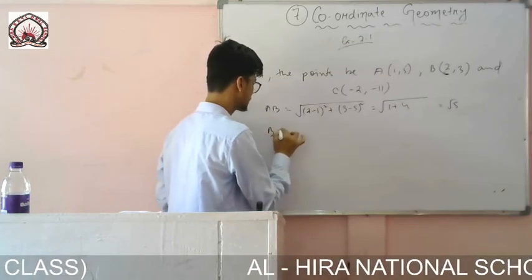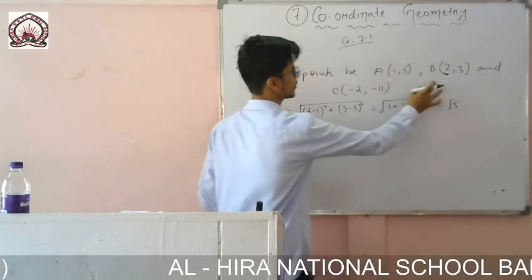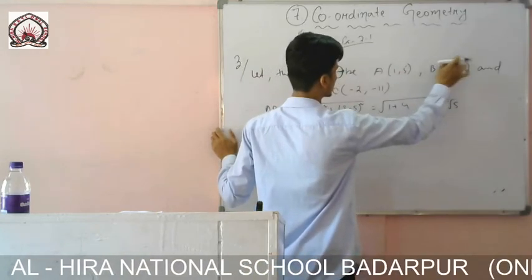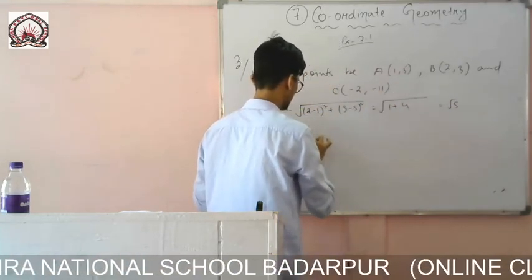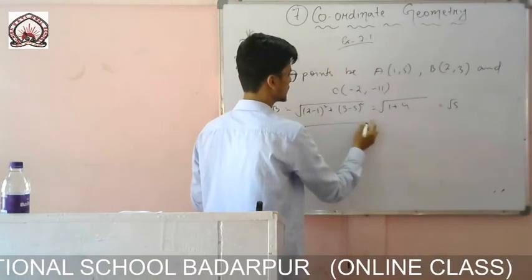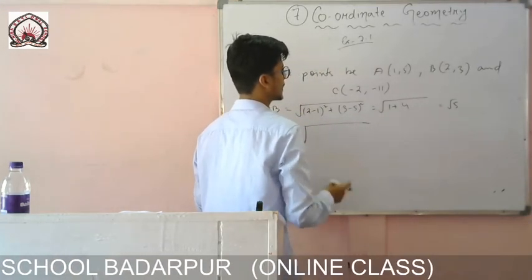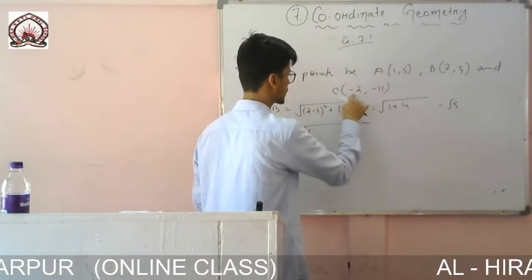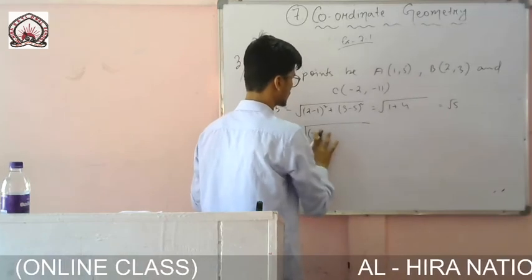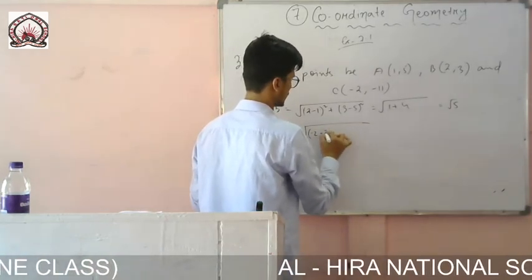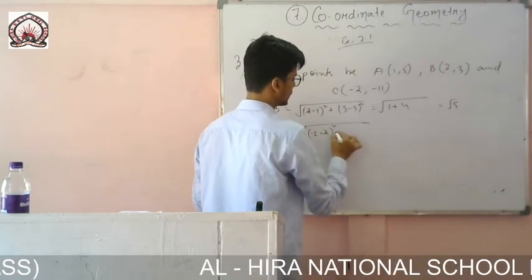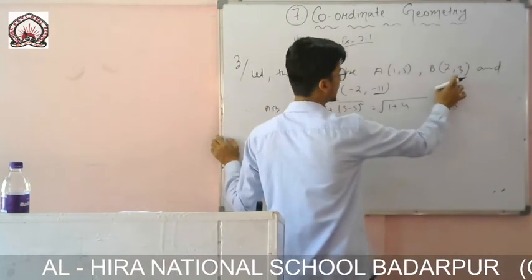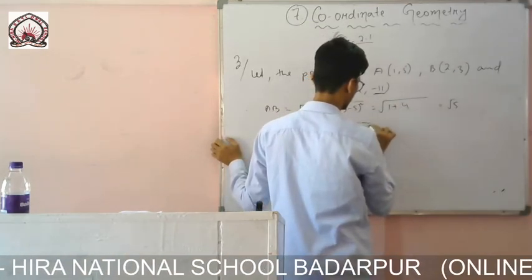Now we'll find BC. For these two, this one will be x1, this one y1, this one x2, this one y2. So we are finding the distance between B and C. It will be x2 minus x1, so x2 is minus 2 minus 2, whole thing square, plus y2 minus y1, that is minus 11 minus 3, whole thing square.